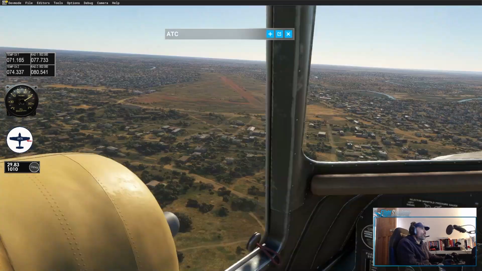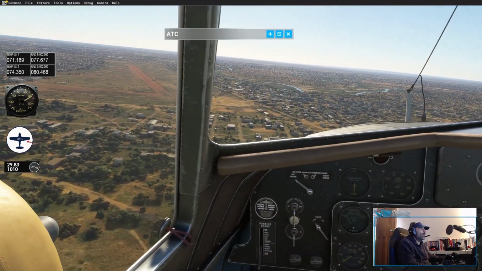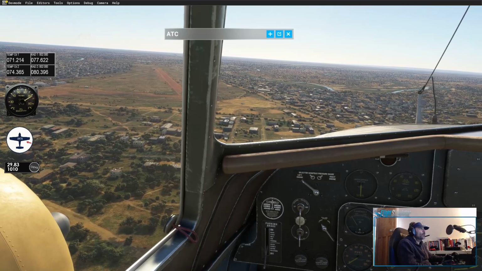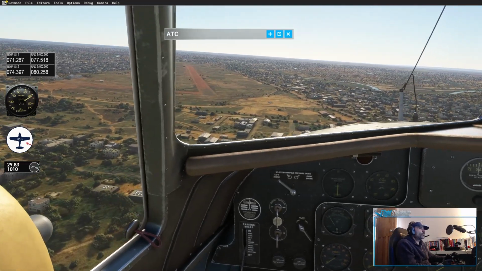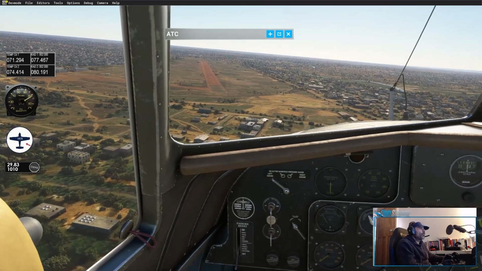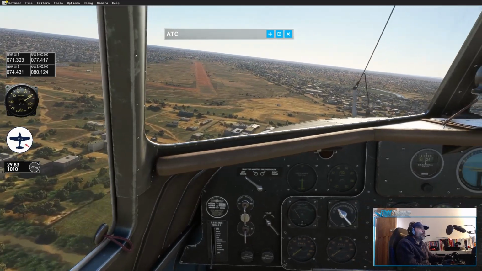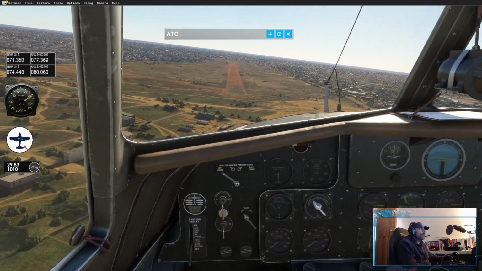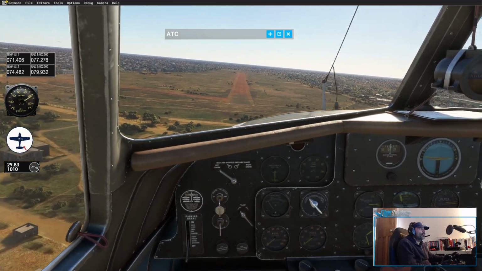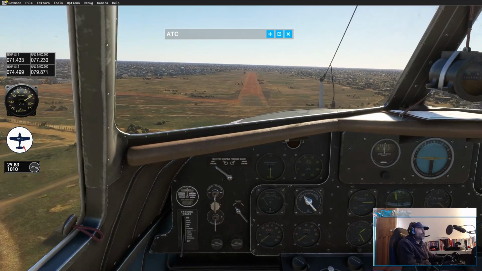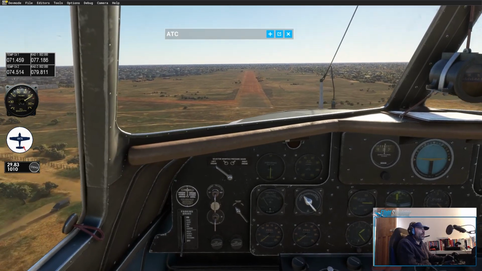Probably one of the worst approaches I have ever done in my whole life. Me the 22, which is this one that I see. Oh, well, the zero wind. So.